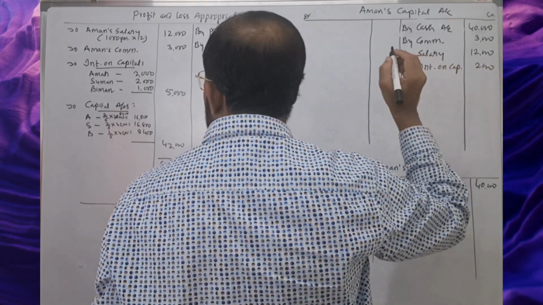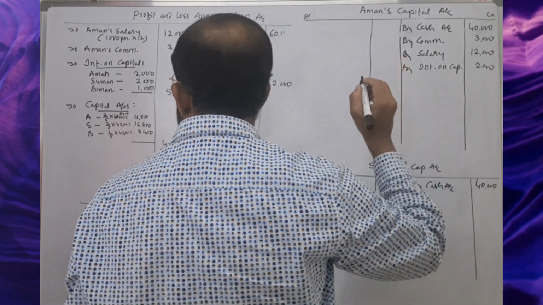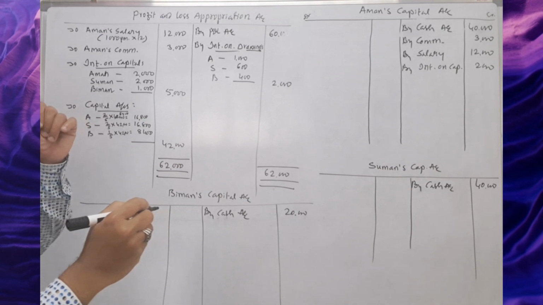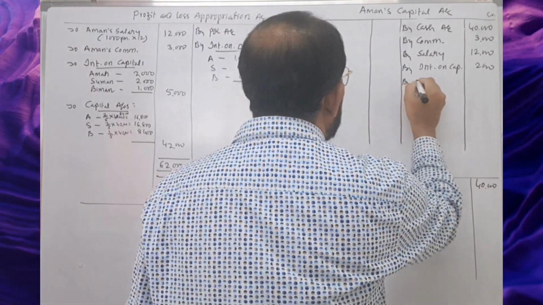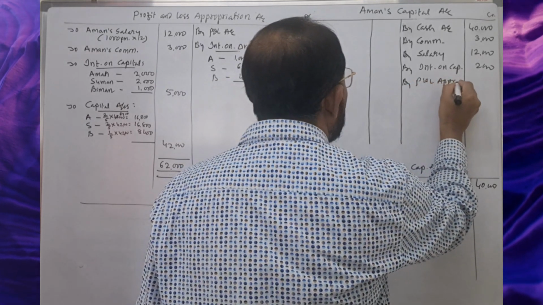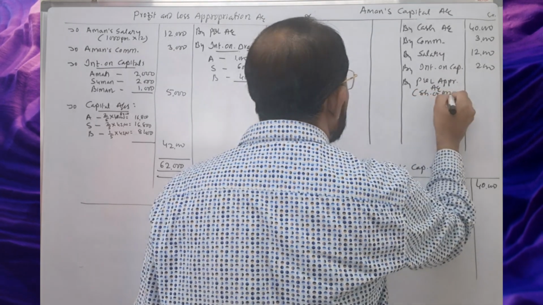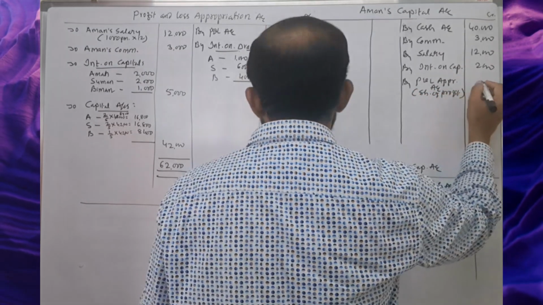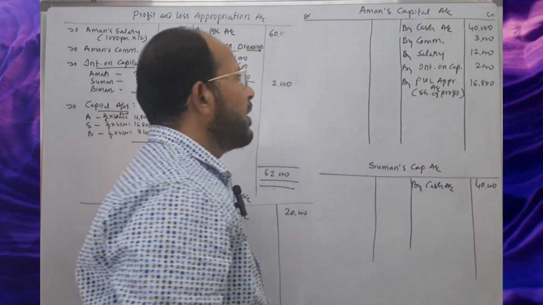What else? Next, their share of profit is also credited by the profit and loss appropriation account. This is the share of profit, rupees 16,800.